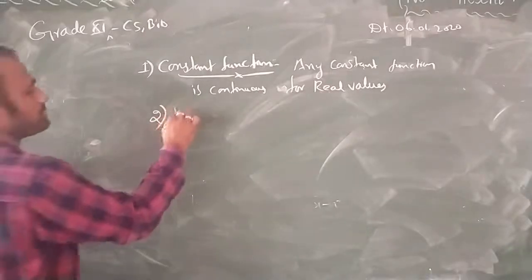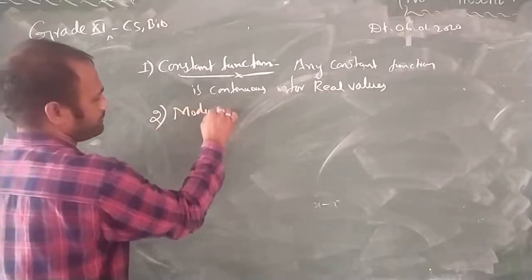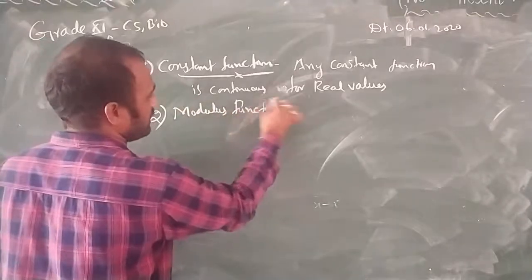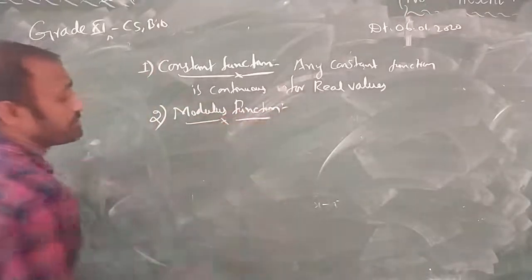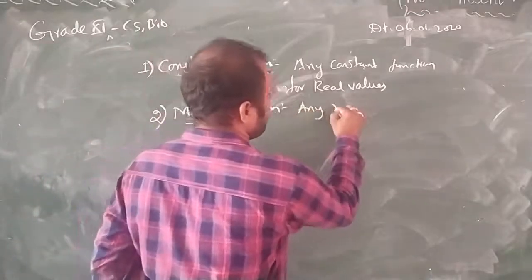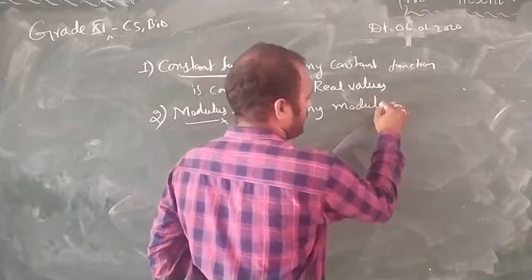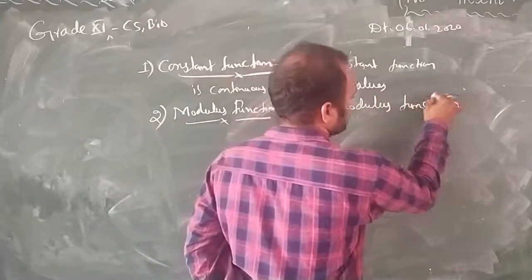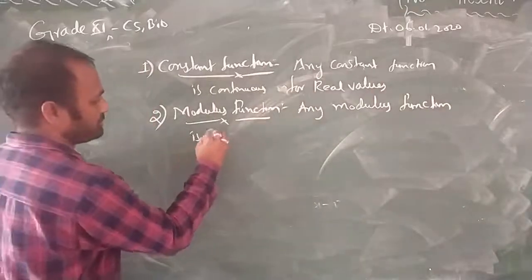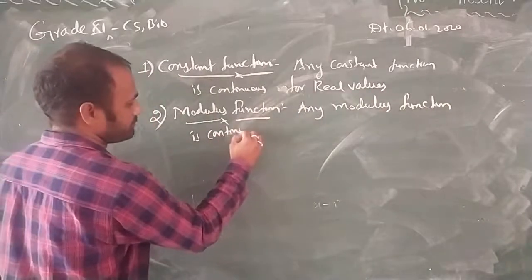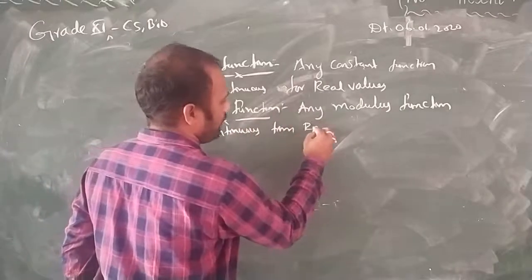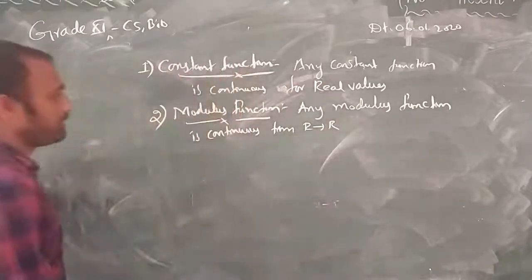Next, modulus function. Whenever a modulus function is there and we are asked to check whether it is continuous or not, we can say that any modulus function is continuous from R to R. Any real number will be continuous.